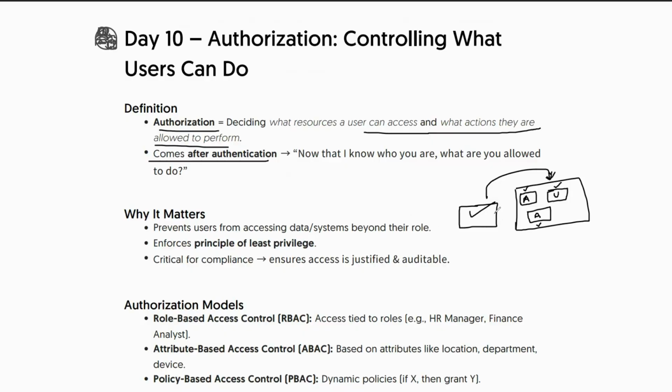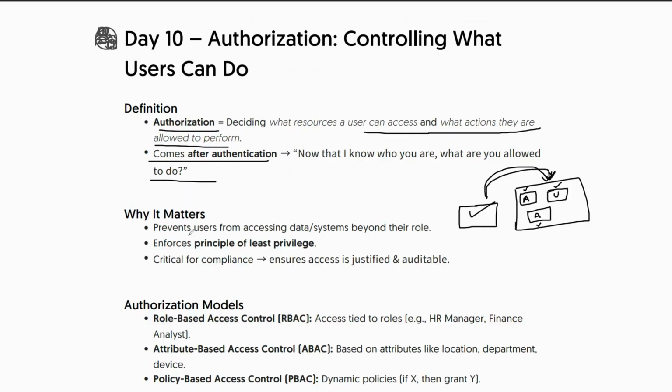You cannot first check the rooms of the office, then come out at the gate and show your ID card. You have to show your ID card first and then decide around it which room you'll have access to. So now I know who you are. What are you allowed to do? That is what authorization is.